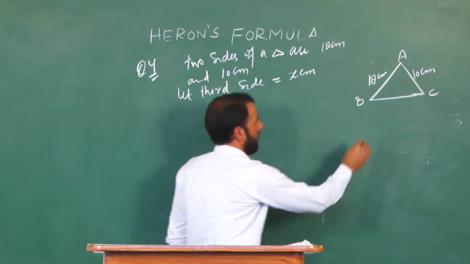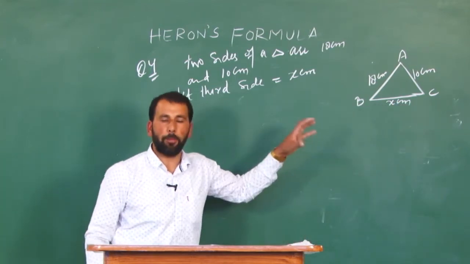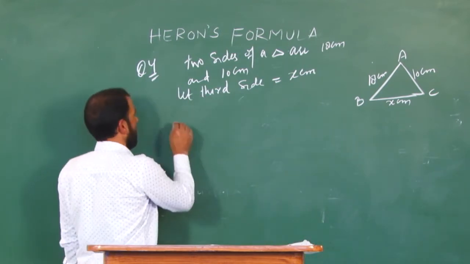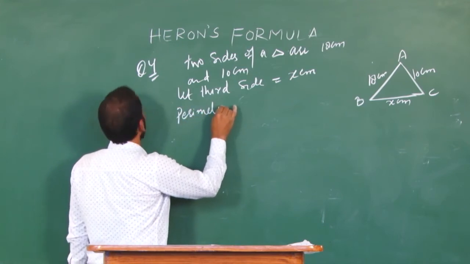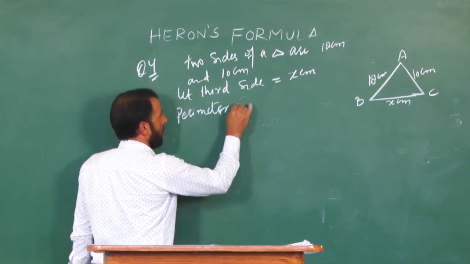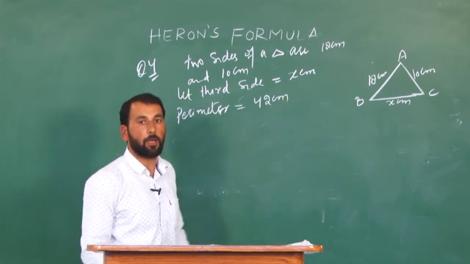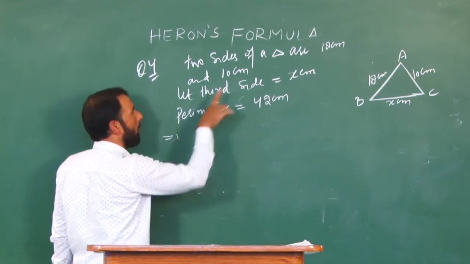So let this one be x centimeter. Now, according to the question, the perimeter of this triangle is given, that equals 42 centimeter. What is the perimeter of a triangle? Clearly, the sum of all sides. That means perimeter equals the sum of all sides.